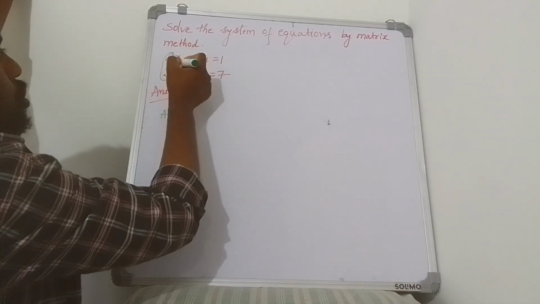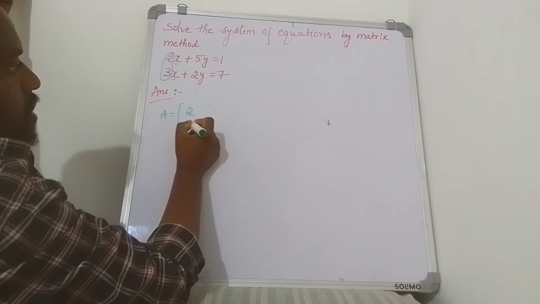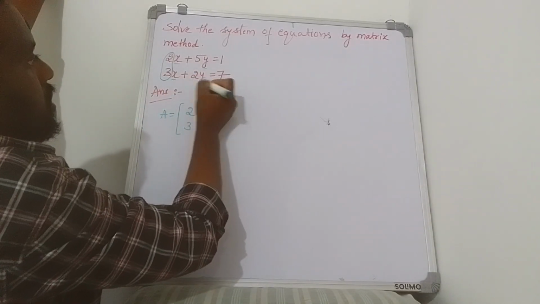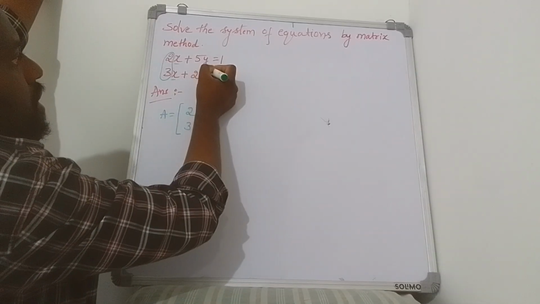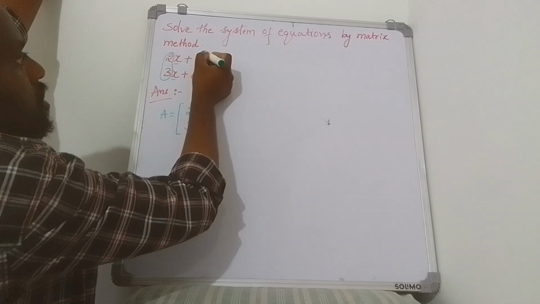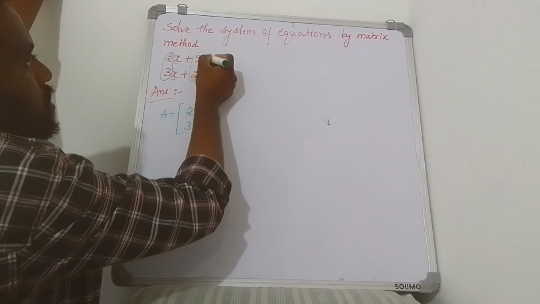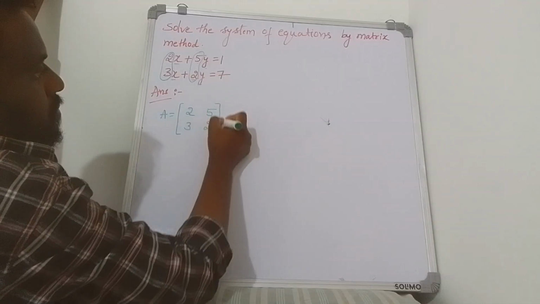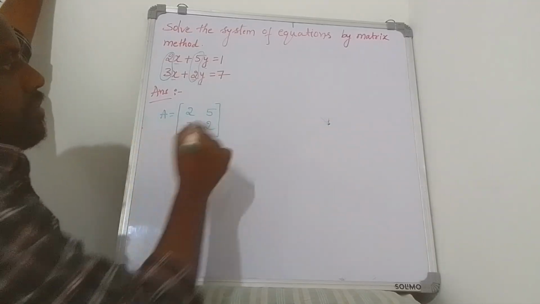This 2, 3 right here, first column. Okay. Next consider y. Coefficients of y is 5 and this coefficient of y is 2. So consider these coefficients, 5, 2 right here. So this is matrix A.